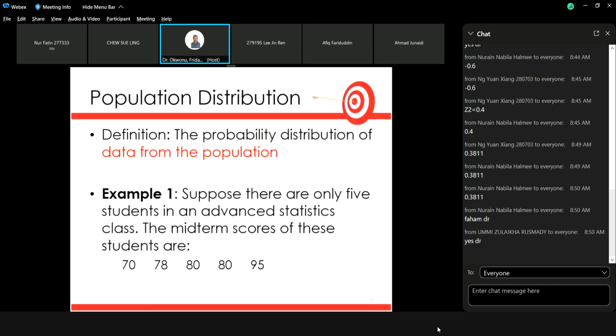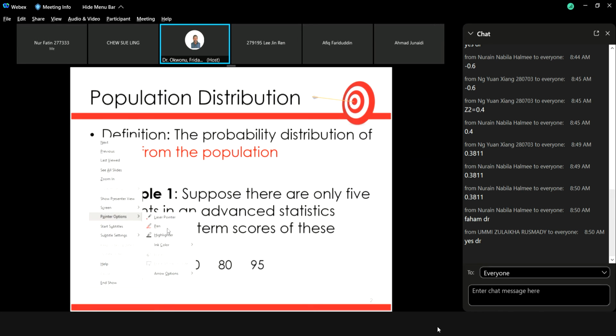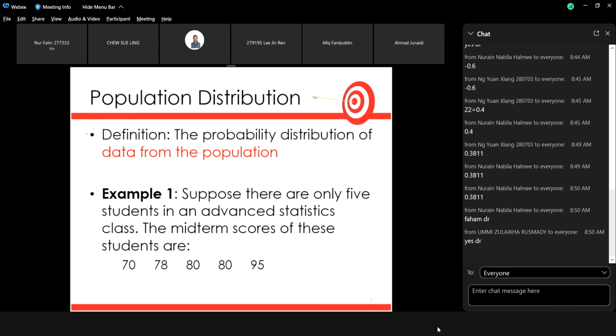Okay. So in previous discussion, we have extensively talked about probability distribution, how you distribute the probability based on the value of the random variable. So let's see what we have now. Definition.